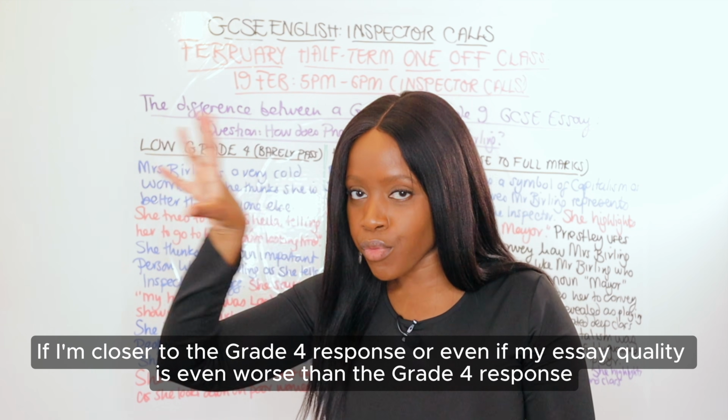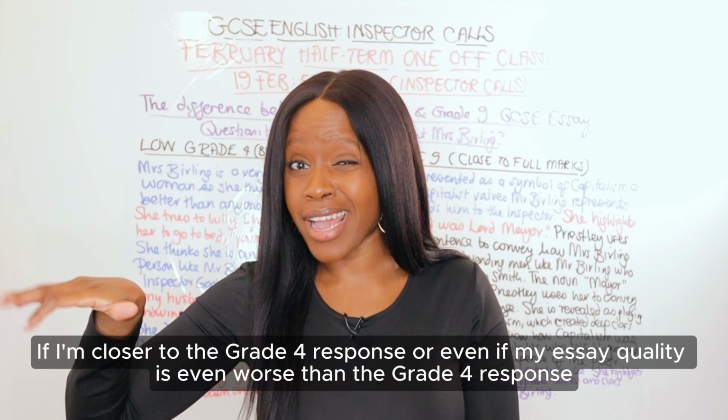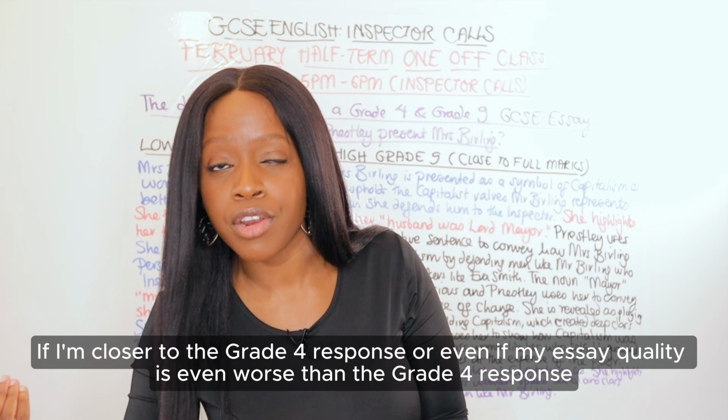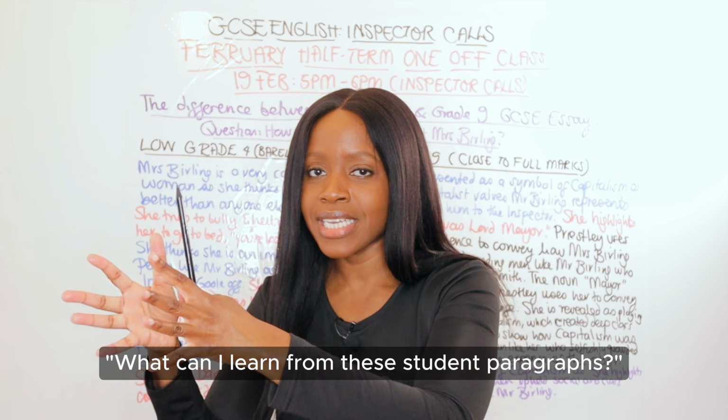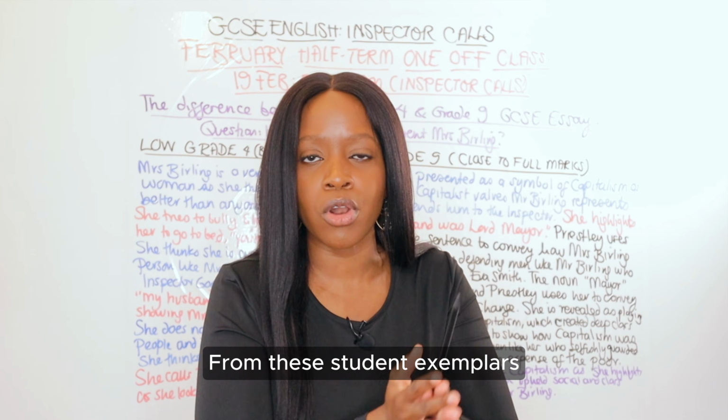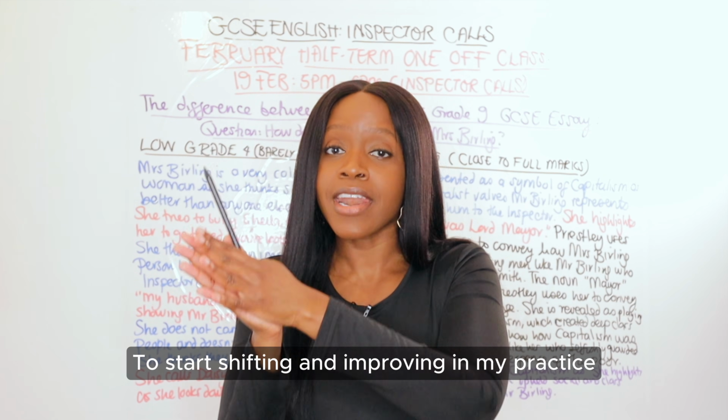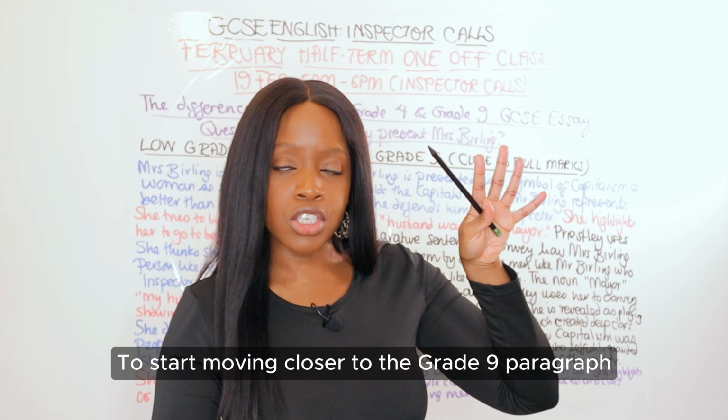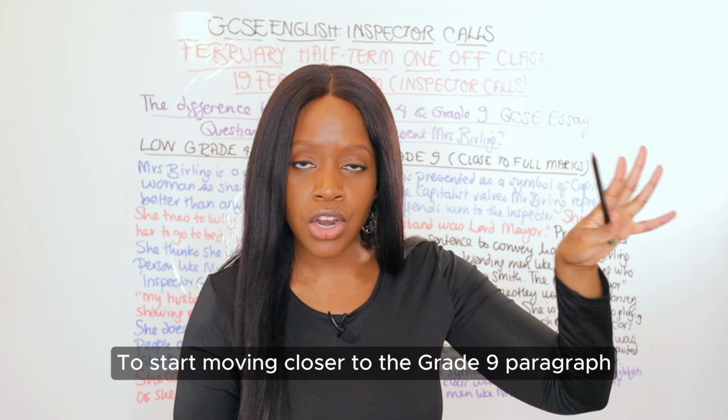If I'm closer to the grade 4 response, or even if my essay quality is even worse than the grade 4 response, what can I learn from these student paragraphs, from these student exemplars, to start shifting and improving in my practice to start moving closer to the grade 9 paragraph.